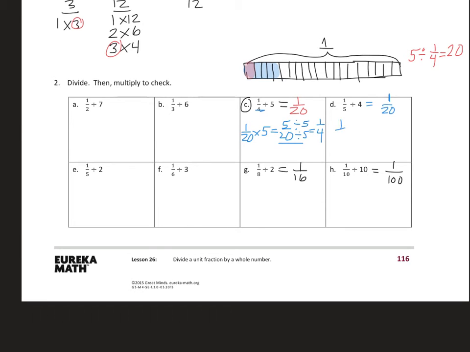Let's go ahead and do the next one, 1/20th, and we're going to multiply it by 4, which is going to give us 4/20ths. And so the biggest number that 4 and 20 both share, if you were to list your factors, like factors for 4, 1 times 4, obviously, and 2 times 2, and then 20 is going to have quite a few, 1 times 20, 2 times 10, 4 times 5.